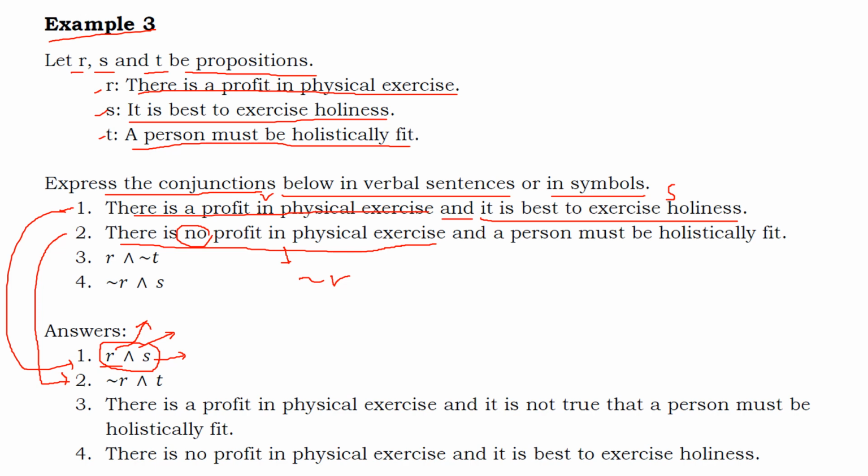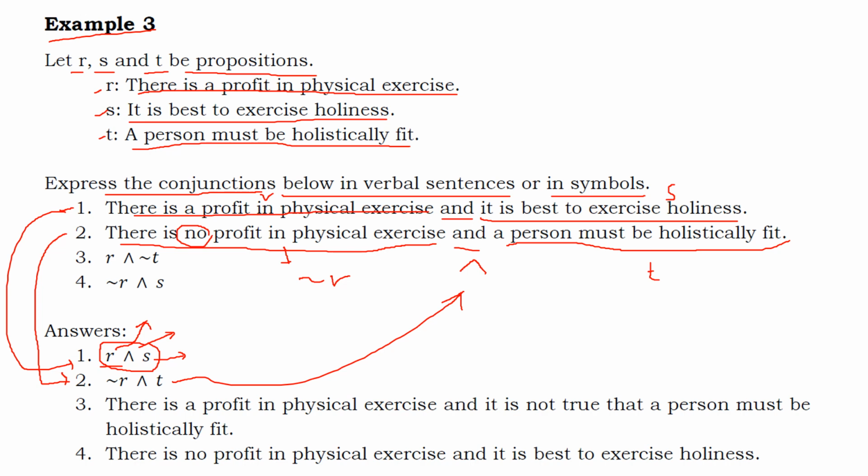Now, as you can see here, a person must be holistically fit. So it is from the proposition T, and we just simply copy the proposition T. Then there's a ∧ here that will represent your conjunction. That's why, as you can see here, negation R, conjunction T, we use ∧ to represent your conjunction.